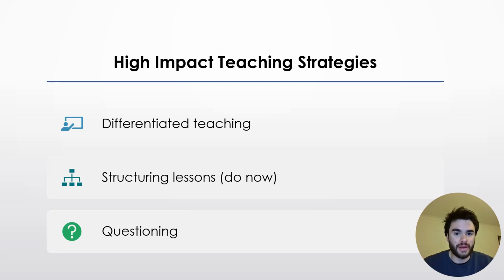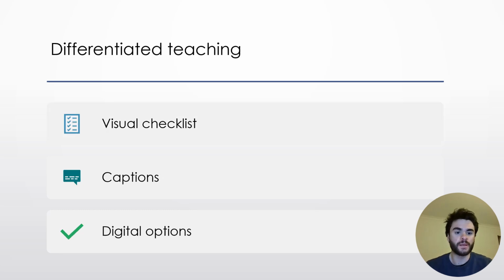Three HITS that were demonstrated in that micro teaching were differentiated teaching strategies, structuring lessons, specifically the use of a do now activity at the start of a lesson before moving into the activity, and also questioning. Differentiated teaching will be touched on further in video 3. However, these were the three areas that were evident: the checklist, captions alongside the video, and creating digital options for students to complete their work.